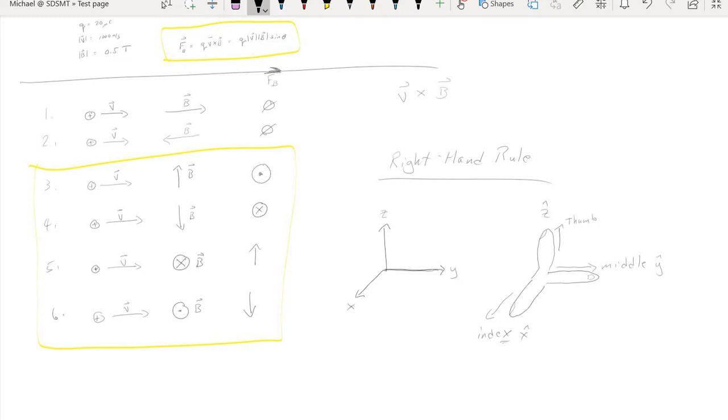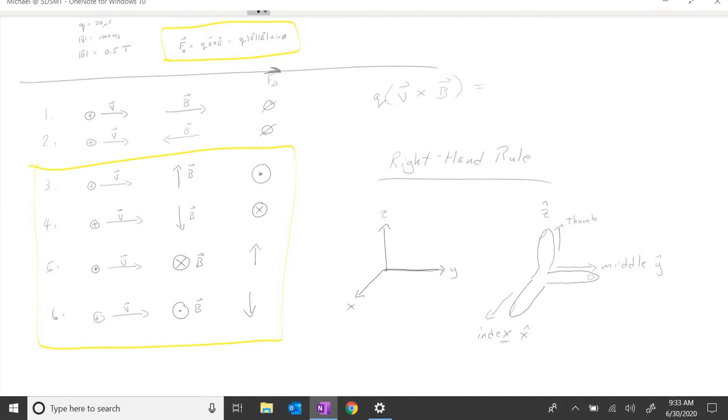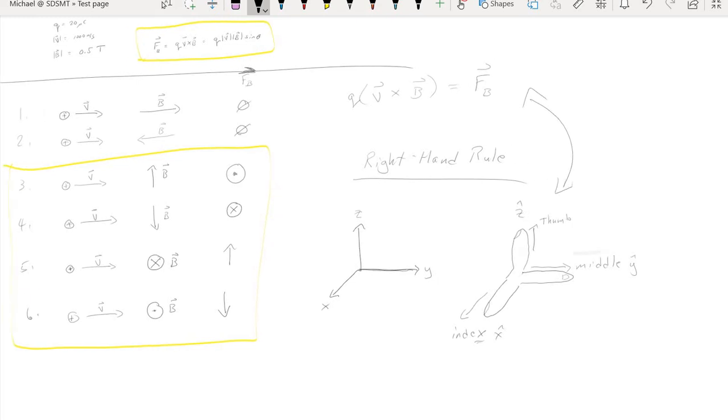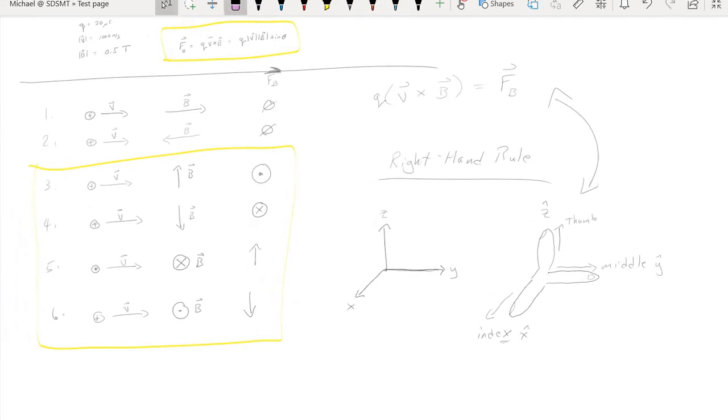And the result, in addition to having the scalar value of the charge, the result of that vector cross product is going to be the direction of our force vector. So how does all of this stuff fit together? Well, we're gonna take the basic definition of the right-hand rule.